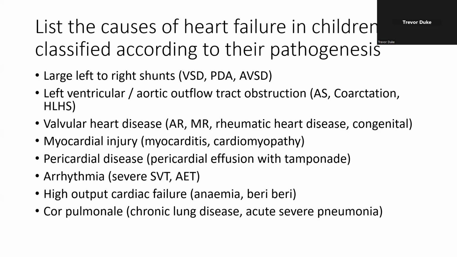And I suppose the most important acquired diseases are rheumatic heart disease with acute rheumatic fever, that can lead to aortic regurgitation or mitral regurgitation, or there can be congenital aortic stenosis, which we've already talked about, or congenital aortic regurgitation, or congenital abnormalities of the mitral valve. But think in terms of valvular heart disease.